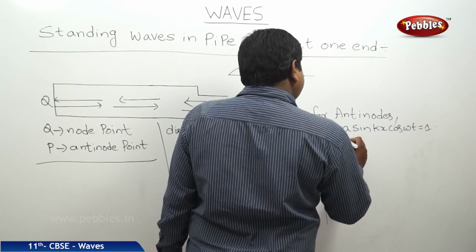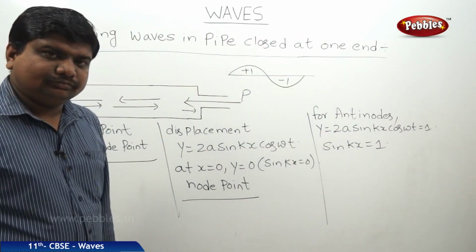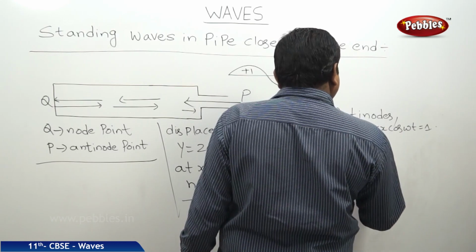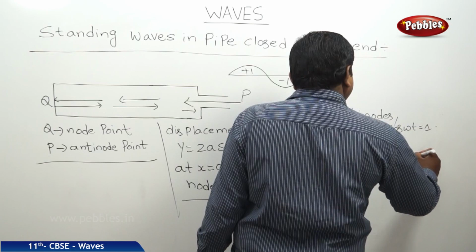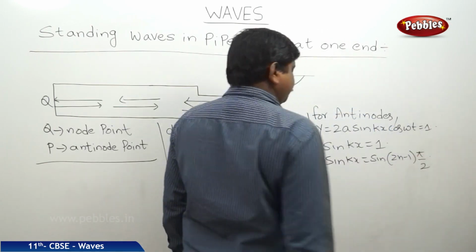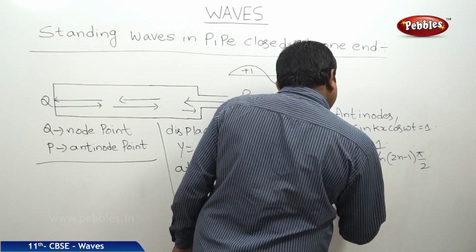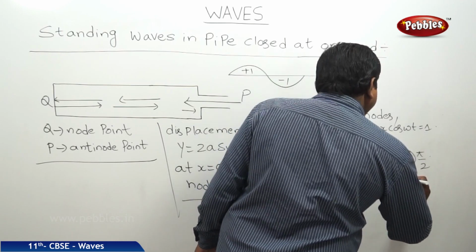So therefore sin kx is equal to 1. So this will happen, sin kx is equal to sin (2n minus 1) into pi by 2. Sine gets cancelled. Therefore, kx is equal to (2n minus 1) into pi by 2.